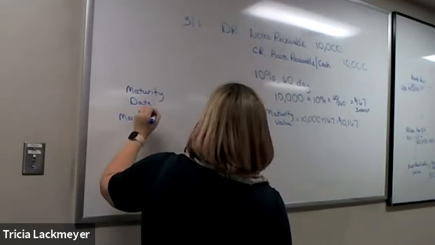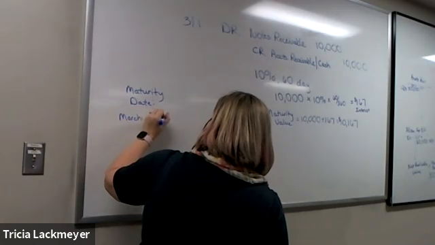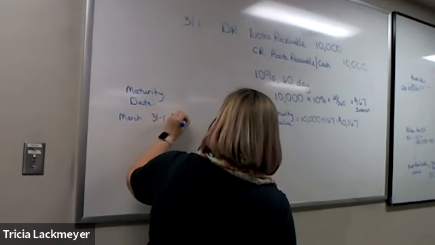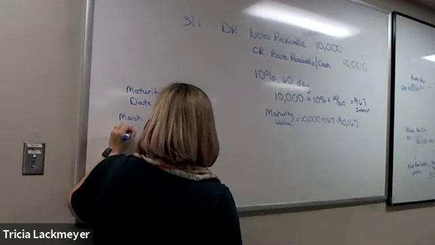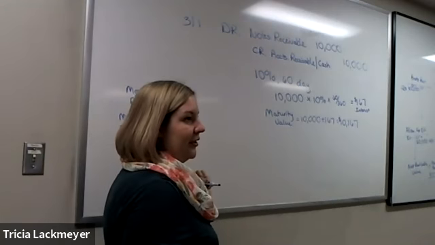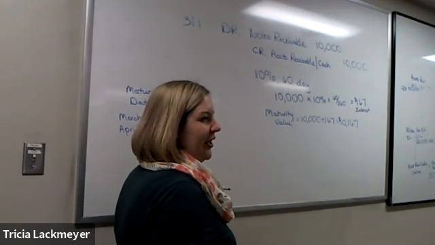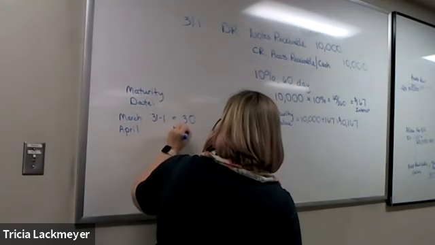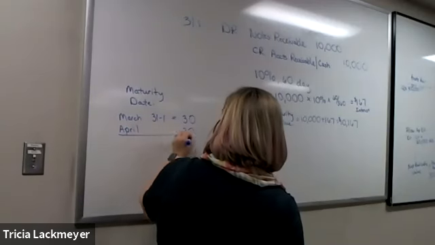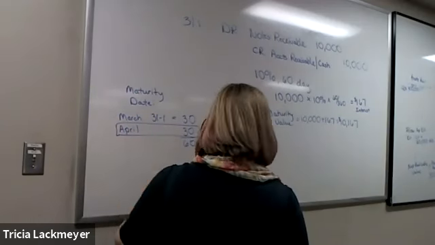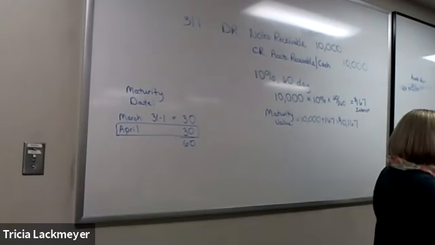So 31 minus 1, that's 30 days. How many days are in April? 30. Well, there we get to 60 days, right? So our maturity date would be April 30th.